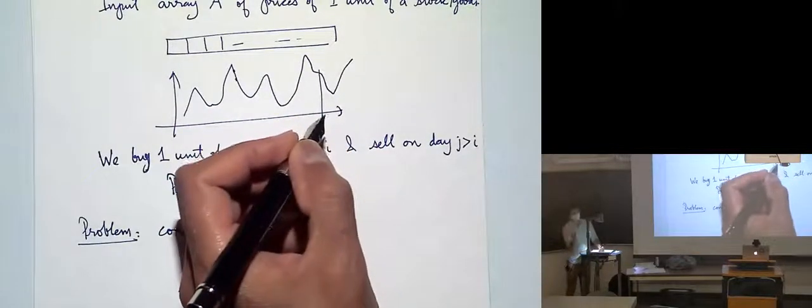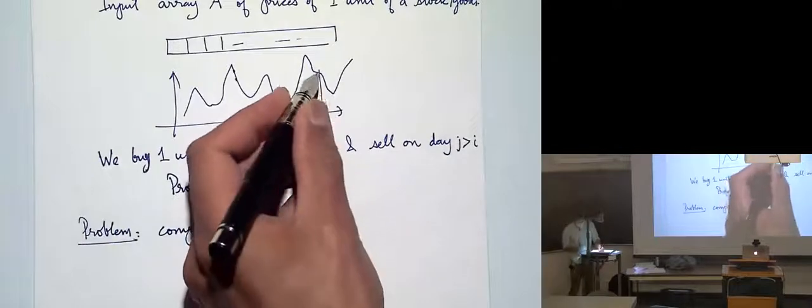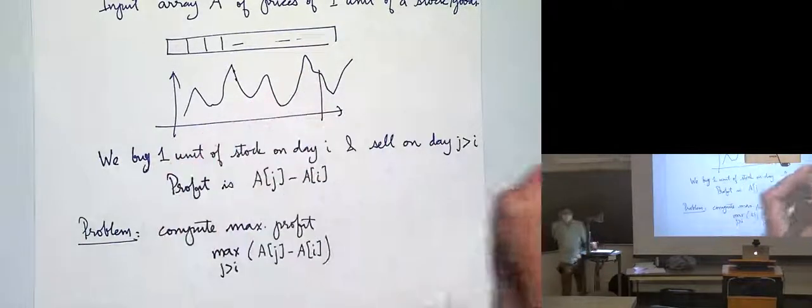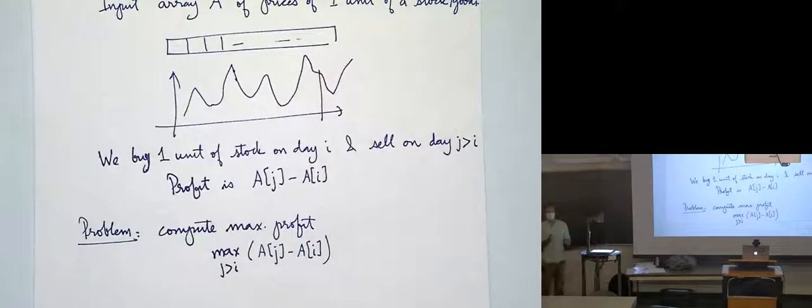And if you can keep track of the maximum up to that point, then you know the profit on buying on that day. And then you kind of have to keep track of this. Anyway, one can do it, it's not obvious. But let me tell you how to do it with divide and conquer. Because then actually, in some sense, if you follow divide and conquer, it becomes pretty obvious how to do it.